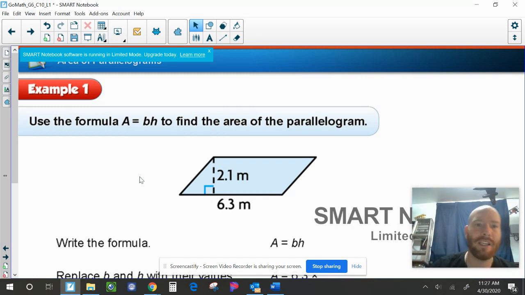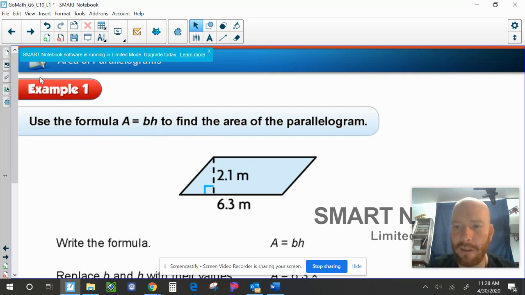All right, so our formula is A equals BH. What do you guys think A equals? Yeah, A stands for area. So area equals BH. B, yep, base. H is height.